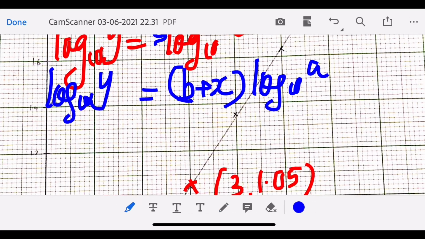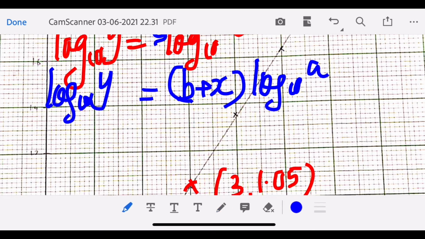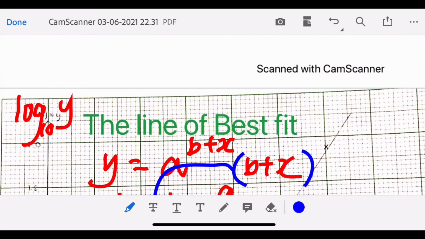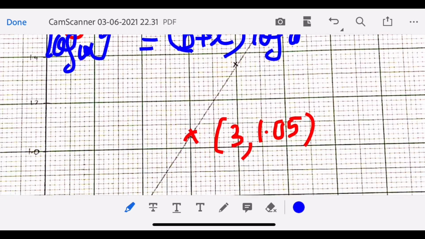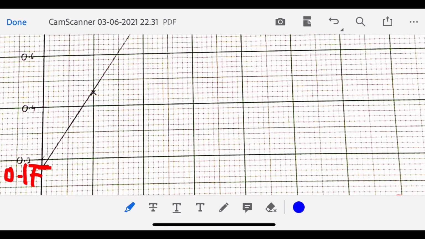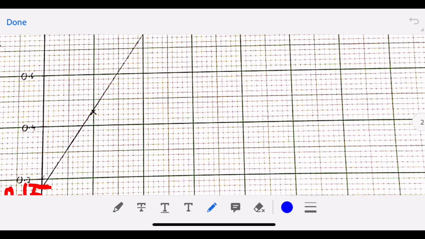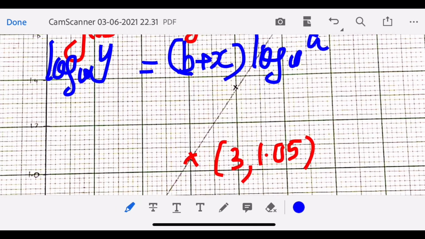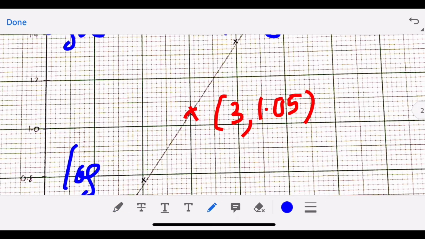Alright, so until there, maybe you are a bit confused. So I would like to advise you that we have the straight line, which is log 10 y, and we have a gradient. Let's find the gradient, and let's find the intercept. The graph is log 10 y equals mx plus c, where x is just x and c is 0.17, right?